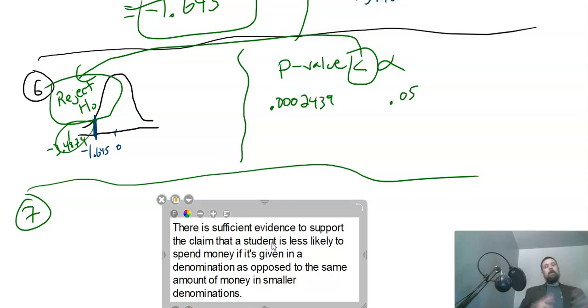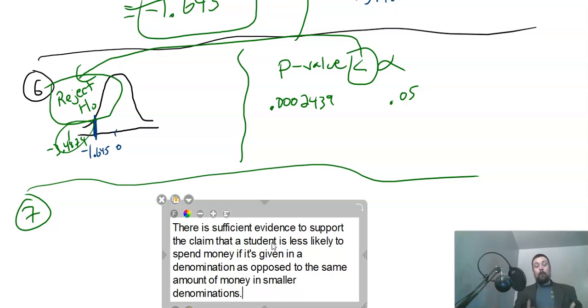All right, so maybe not the most perfect wording. If I cared enough about it, I would look back at the problem and try to use the wording they used in the claim as closely as possible when stating my conclusion. But on MyStatLab, it's going to be multiple choice, and they'll kind of do that for you.